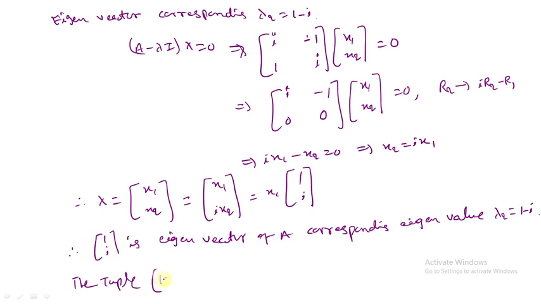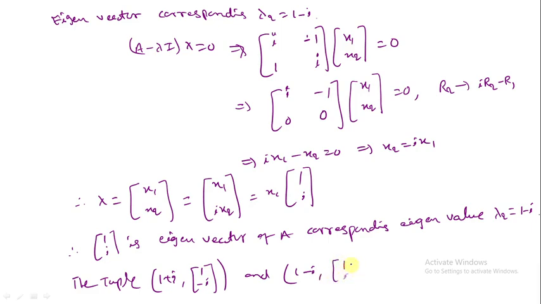Suppose we write 1 plus i with its corresponding eigenvector, and 1 minus i with its corresponding eigenvector (1, i). These are the eigenpairs of A. Whatever tuple of eigenvalue and eigenvector, this is called an eigenpair.